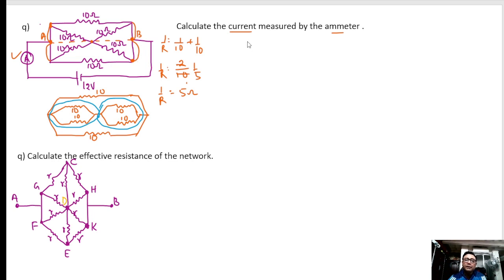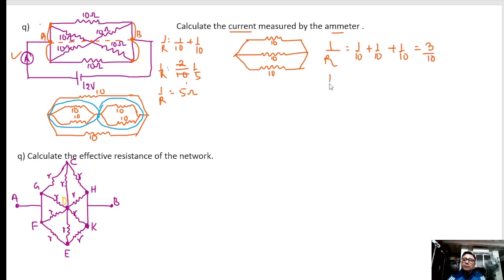And now if I draw the circuit, this is 10, 10 and 10. So what is the net resistance? It is 1 by 10 plus 1 by 10 plus 1 by 10, which is 3 by 10.